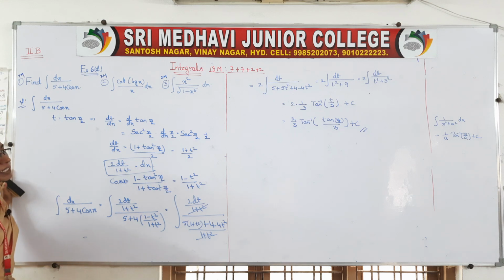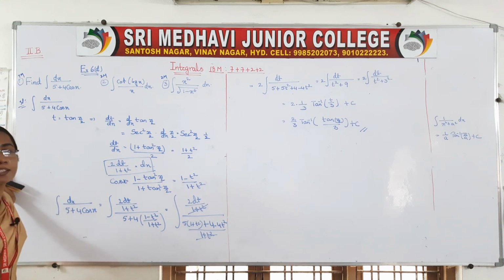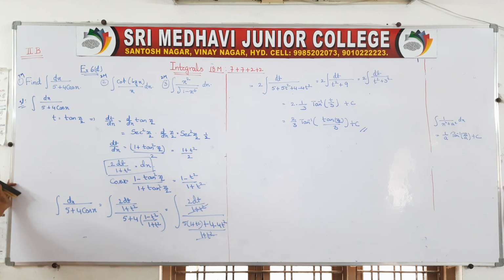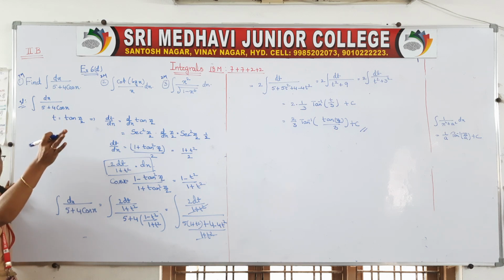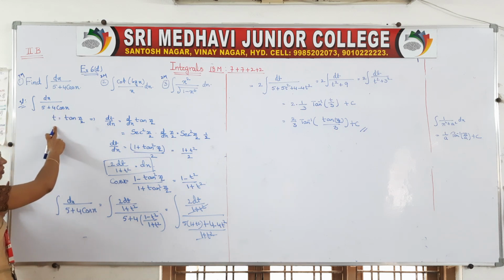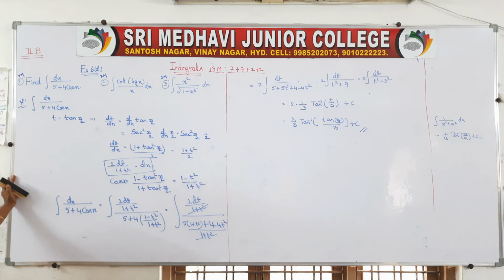Okay, so very simple, but sometimes they can give problems like this also for 7 marks. So whenever cos x is there, or sin x is there, or sometimes both sin x and cos x are there, we have to take t is equal to tan x by 2.